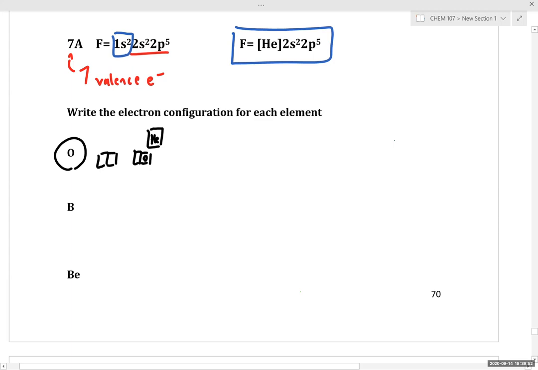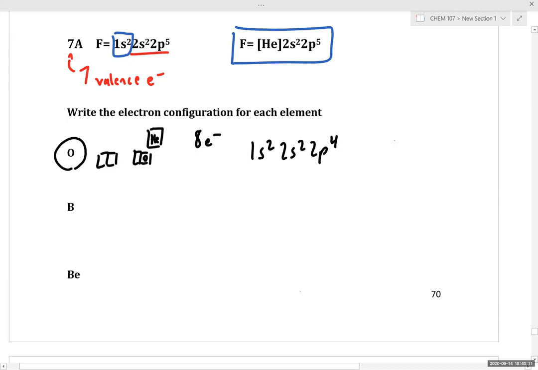Oxygen has a total of 8 electrons, so its long form configuration would be 1s2, 2s2, 2p4.